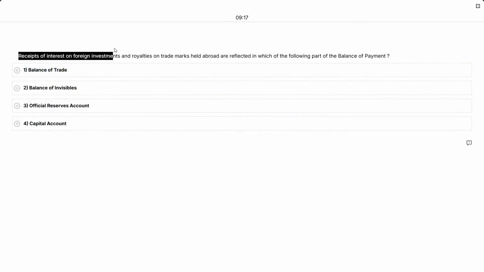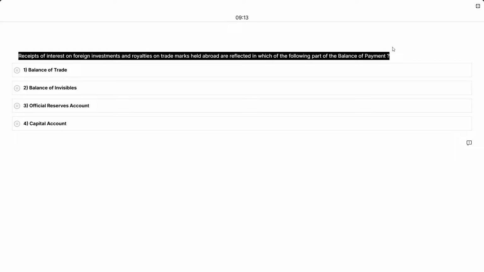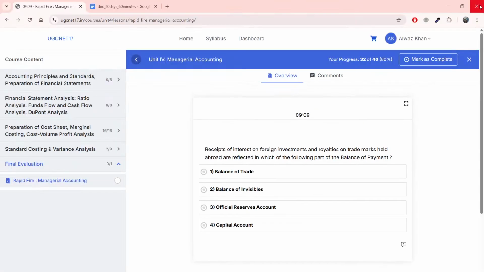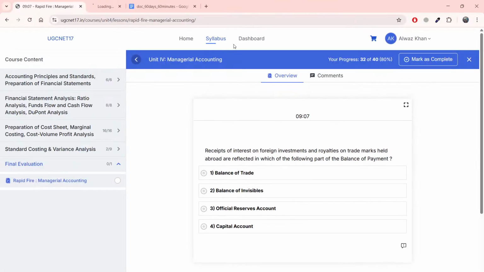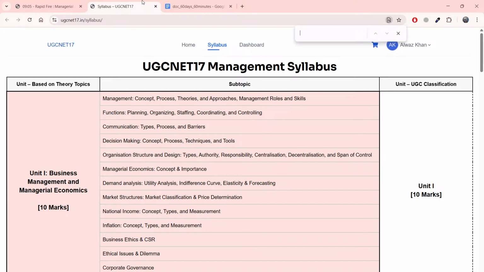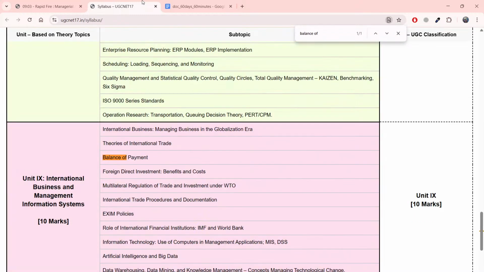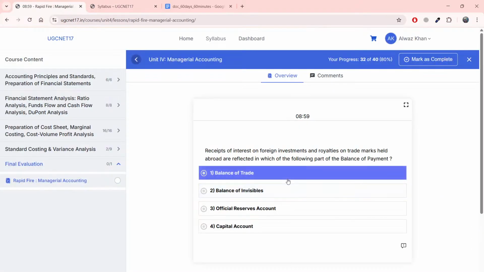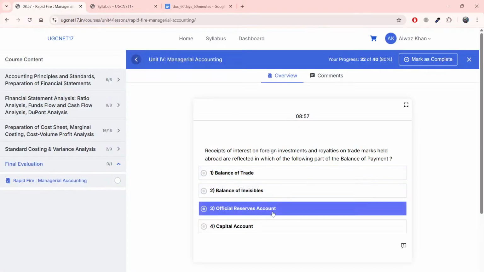Receipt of interest on foreign investment and royalties on trademark. Product frequency of the following balance of payment. Let's see the syllabus. Balance of payment is unit 9, so this question doesn't belong here.